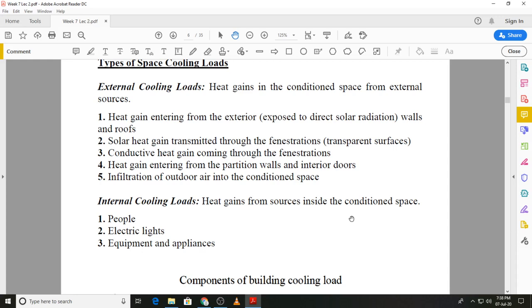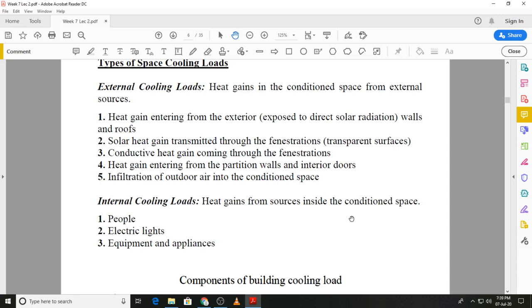People are a source of both latent and sensible load, because we are exchanging heat with the environment by convection and by radiation. Then moisture also is being evaporated from the skin of a person, and when you breathe out, the breath also contains water vapor, so that leads to both a sensible and latent load.